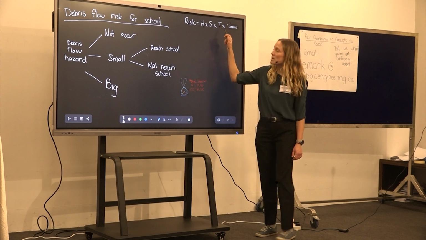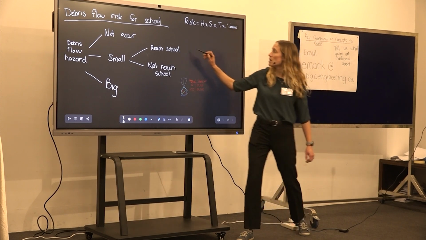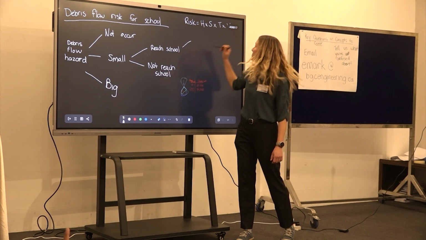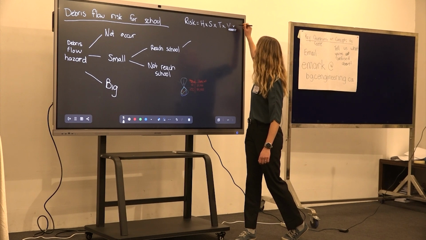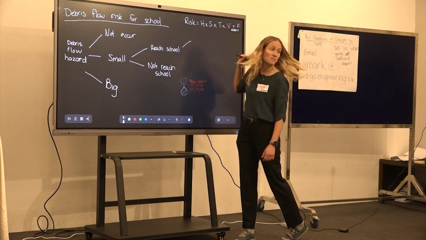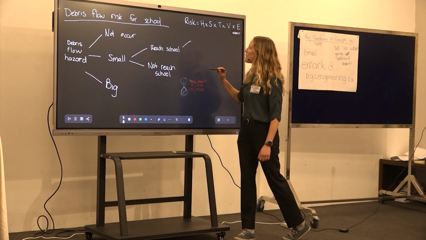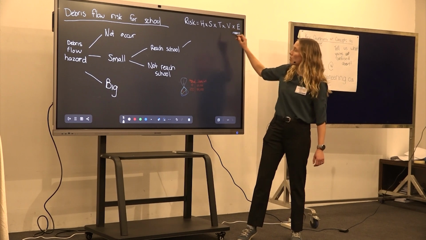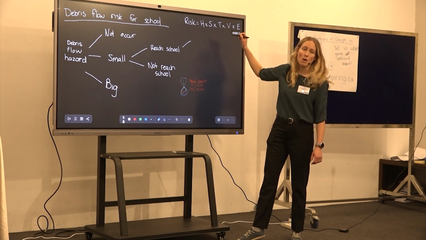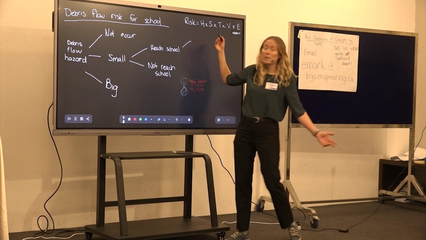So the next term here is temporal. That one is the number of children. Yeah, we can do group risk. Okay, put that one in. Okay, so it reaches the school. What's the question that we're asking for temporal? Yeah, are there people there?